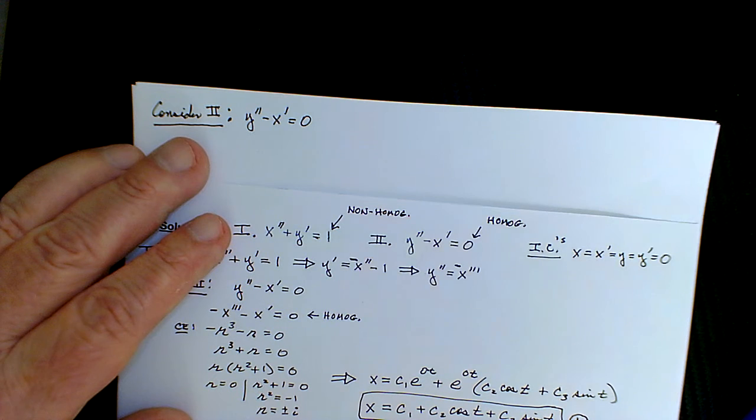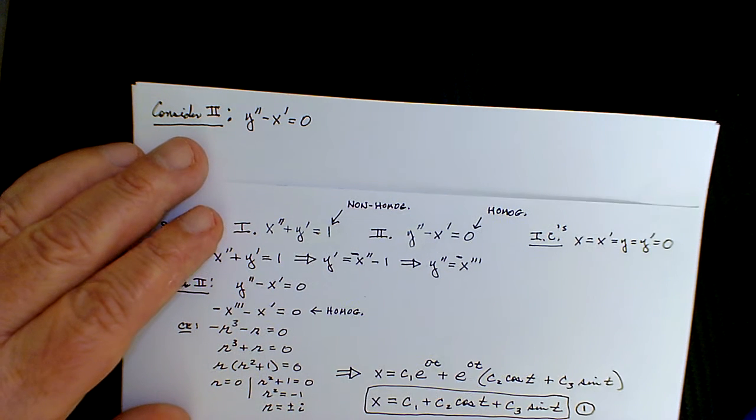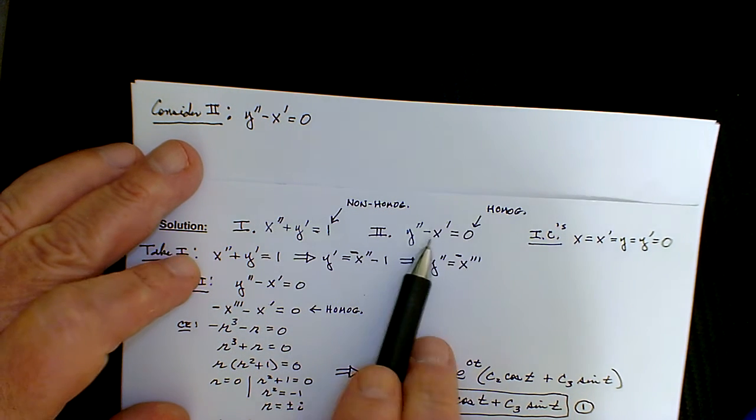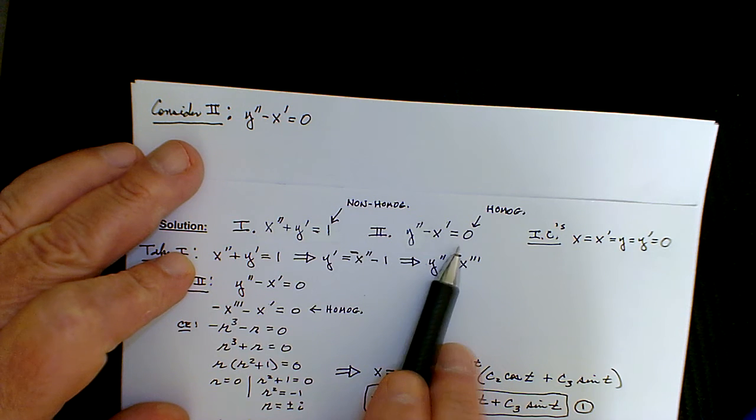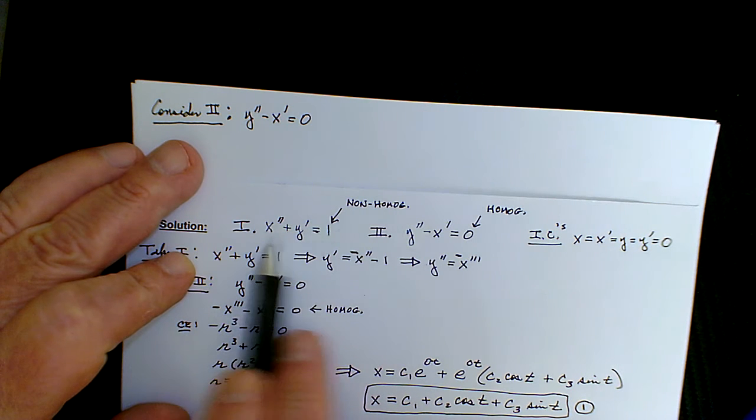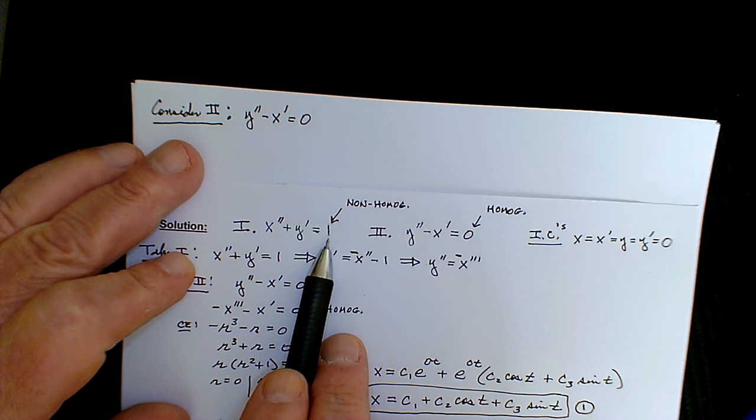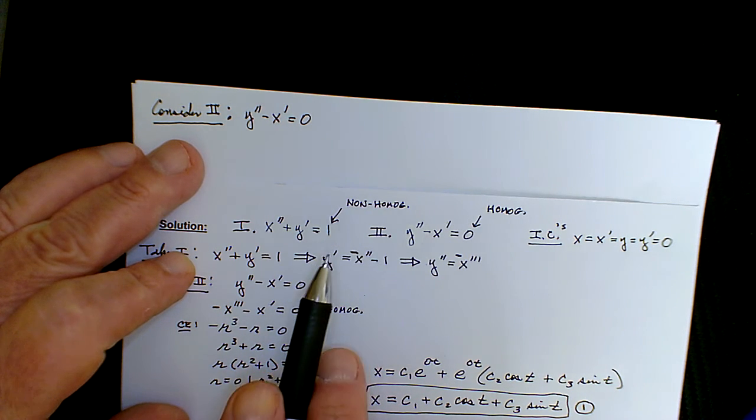And so I wanted to choose that equation to start to work with because it's homogeneous. And it's simpler than the non-homogeneous, obviously. I mean, not dramatically simpler, but it is.